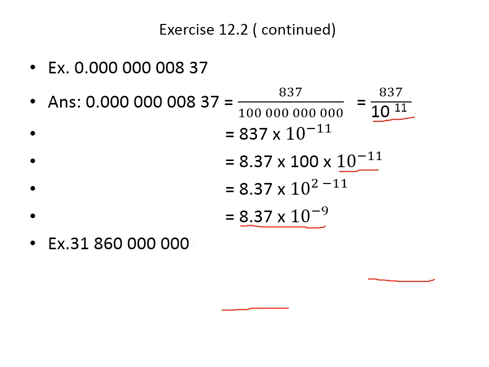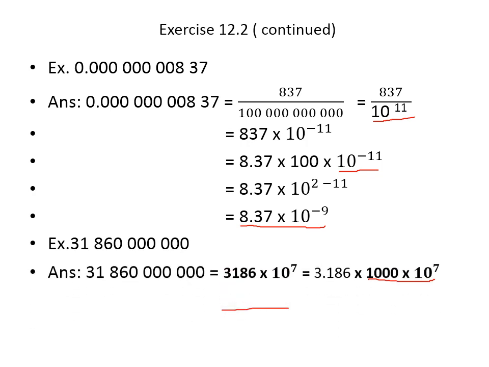So one more example here. 3186 followed by zeros can be written as 1 2 3 4 5 6 7, so 10 raised to 7. Here we have to leave one digit, so we place the decimal point after 3 digits. So when you place the decimal point after 3 digits, we write 1000, then 10 raised to 7 as it is.